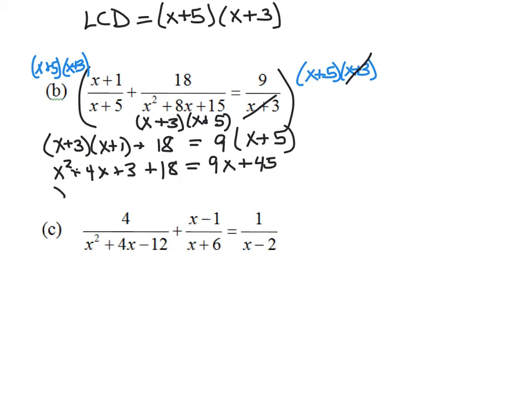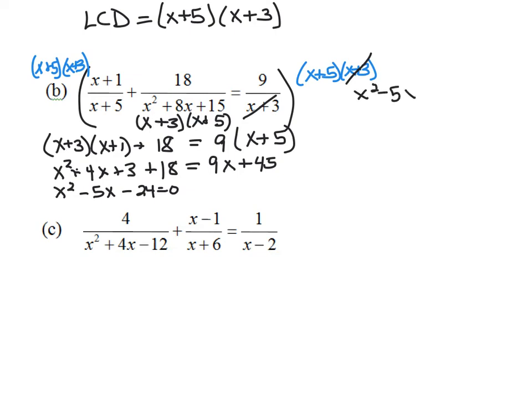Put this equation in standard form, so I'm going to be combining a lot of terms here. 4x minus 9x is negative 5x. 3 plus 18 gives me 21, but then when I subtract 45, that's going to give me a negative 24 equals 0.